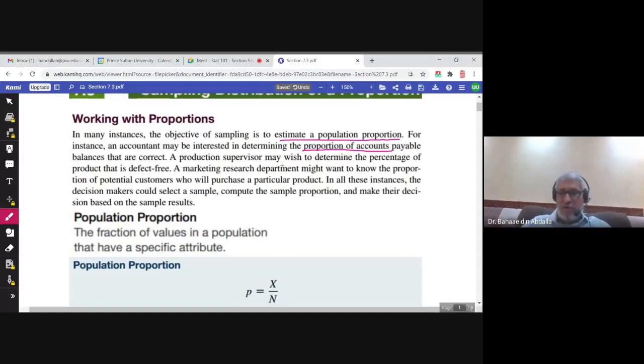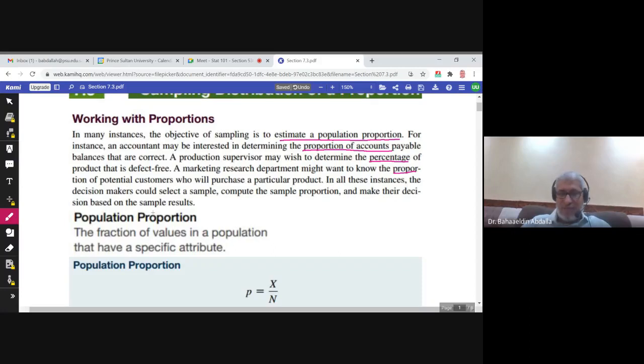A production supervisor may wish to determine the percentage or proportion of product that's defect-free. A marketing research department might want to know the proportion of potential customers who will purchase a particular product.